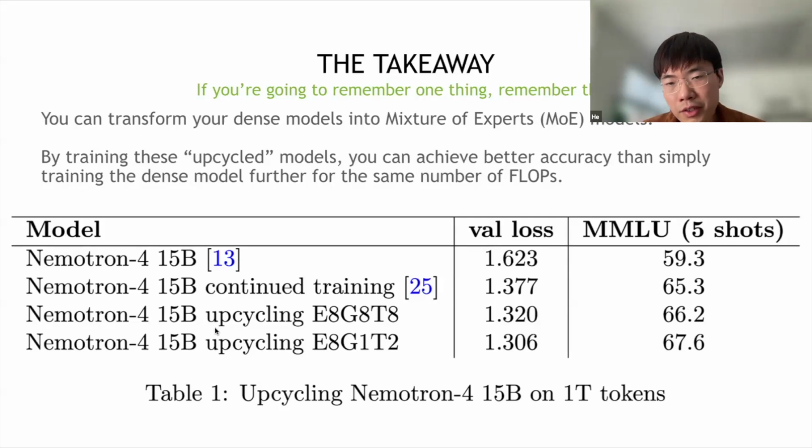So it's relatively cheap compared to pre-training such MoE models from scratch. Originally we thought about pre-training these MoE models from scratch. This is one of the reasons we do upcycling, which is much cheaper for getting an MoE model.